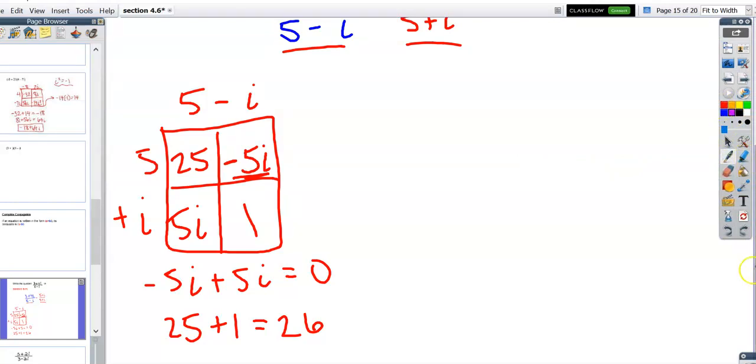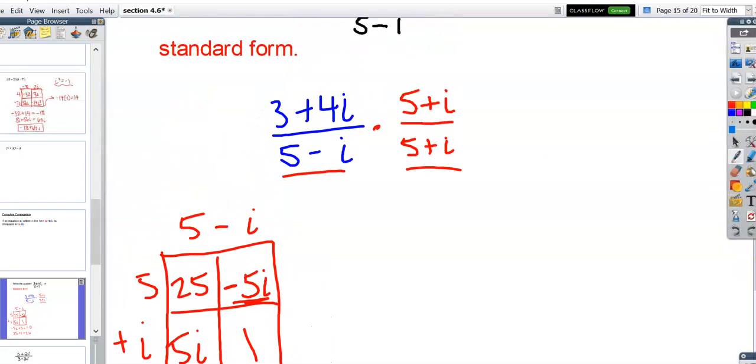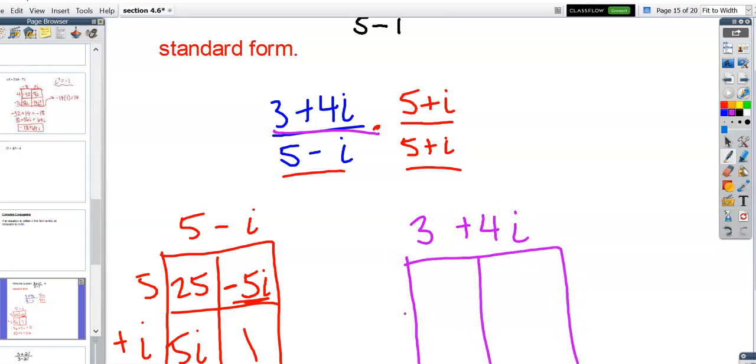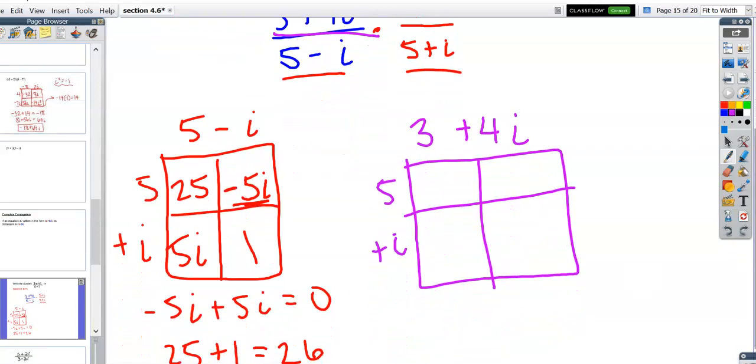So we're still going to have to multiply 5 plus i, but this time we're going to multiply by 3 plus 4i. Five times 3 is 15. 4i times 5 is 20i. 3 times i is just 3i.